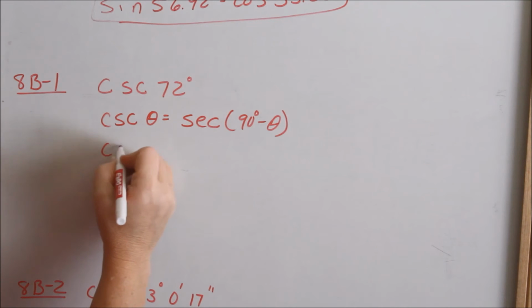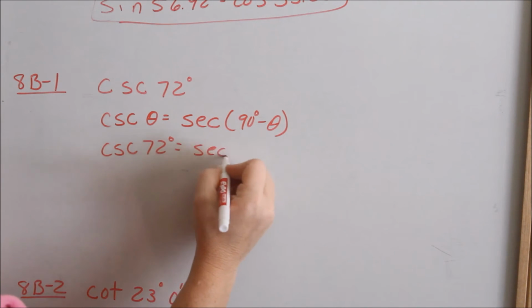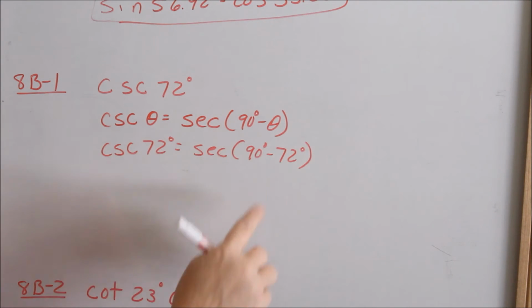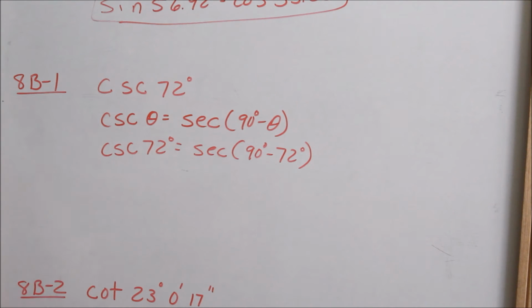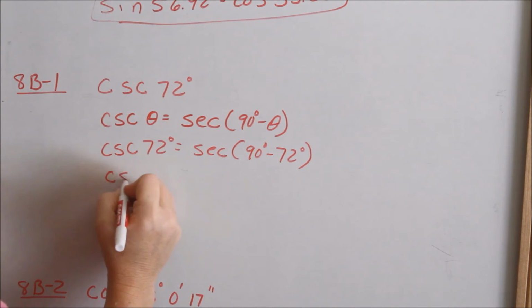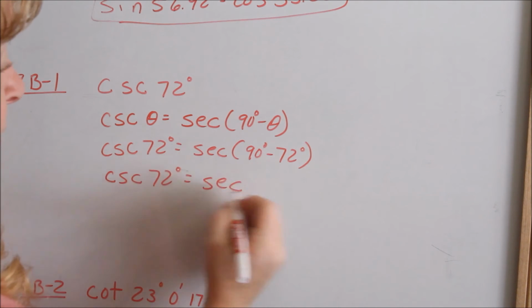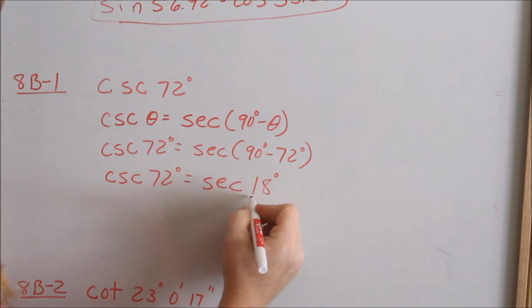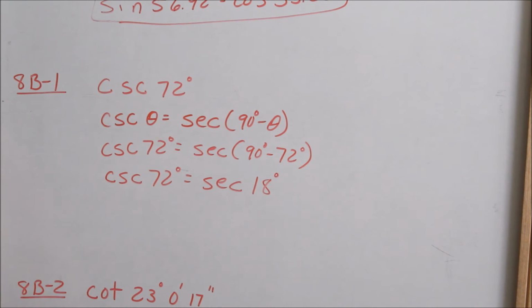So cosecant of 72 degrees will be the same thing as secant of the other angle. We get the other angle by taking 90 minus that. We want the complementary angle. So cosecant of 72 degrees is the same thing as secant of 18 degrees. Making sure I subtracted that right in my head.